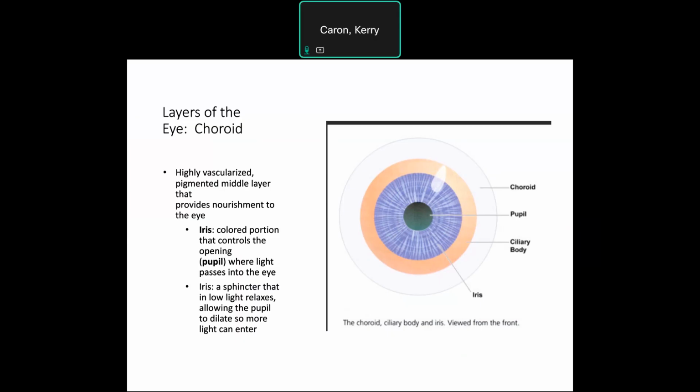The colored part, the iris, has a muscular sphincter that, if it's in low light, relaxes and widens. And if it's in high or bright light, it constricts. So it controls more or less light.